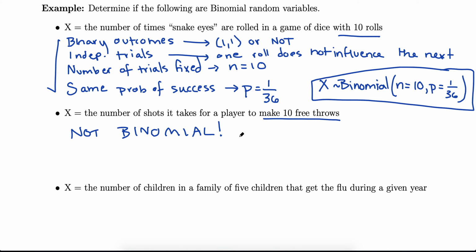So, number of trials is not fixed. So again, if you can fully justify one of these 4 criteria being unmet, then the whole thing's off, not binomial.